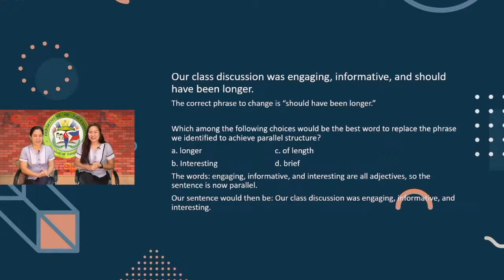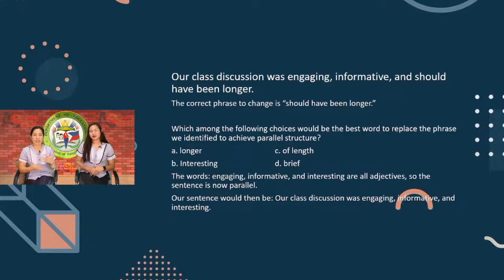Why did we say that it should be interesting? Because the phrase should have been longer connotes that the speaker understands or likes the discussion. So it is interesting.